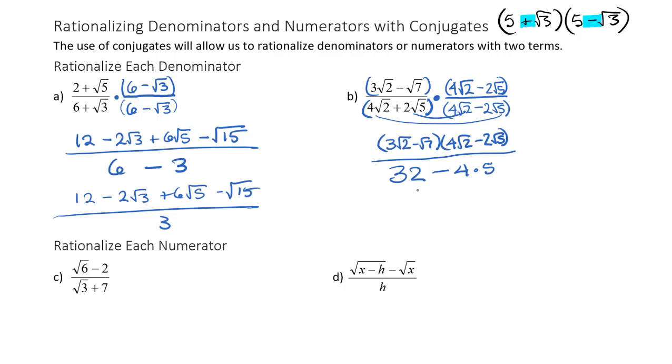Let's rewrite that. 4 times 5 is 20, 32 minus 20 is 12, so our denominator will be 12. And if I rewrite the two binomials in the numerator, I'll have 3 root 2 minus root 7 times 4 root 2 minus 2 root 5.